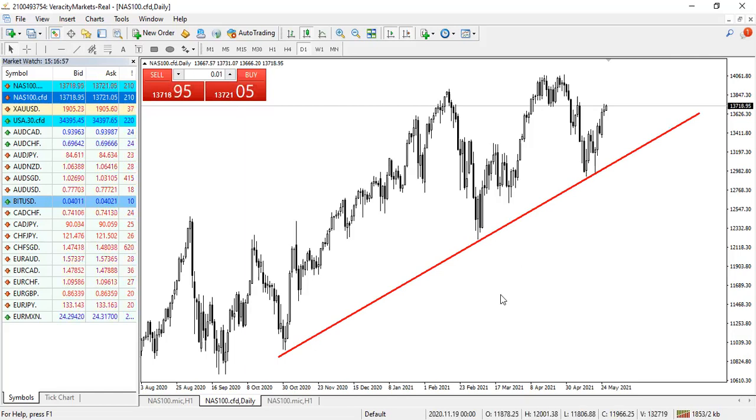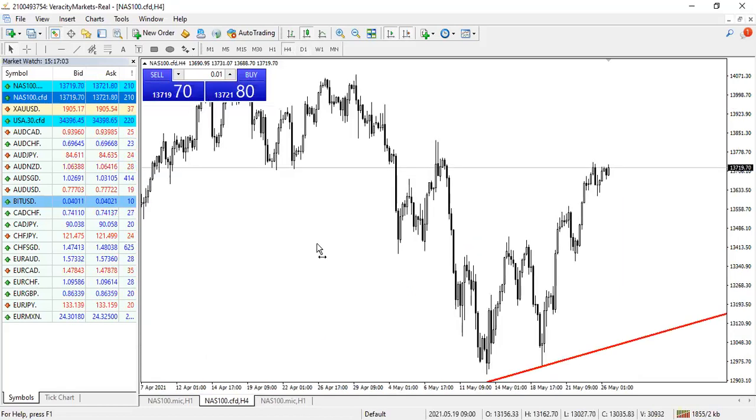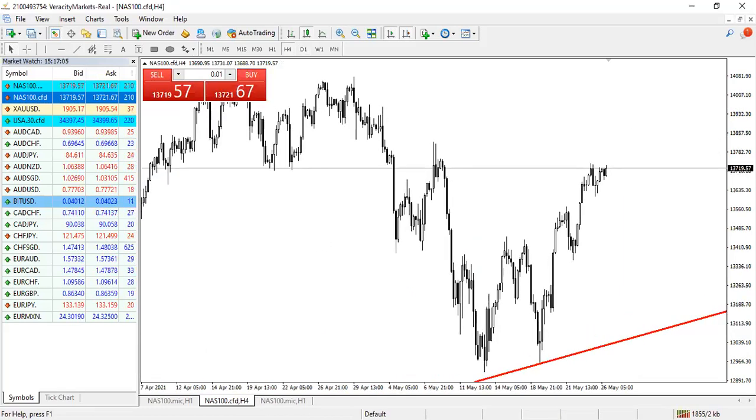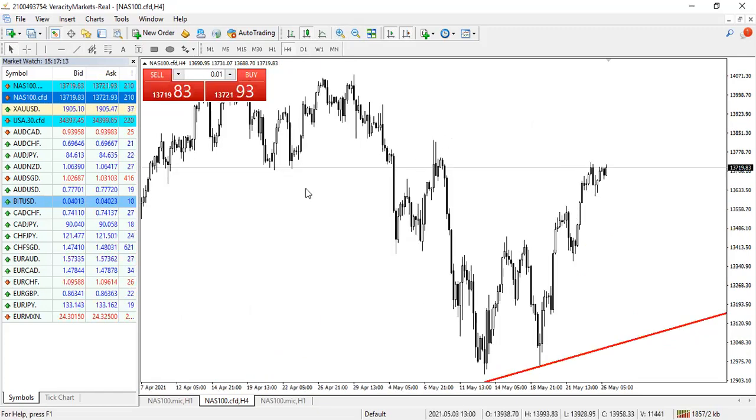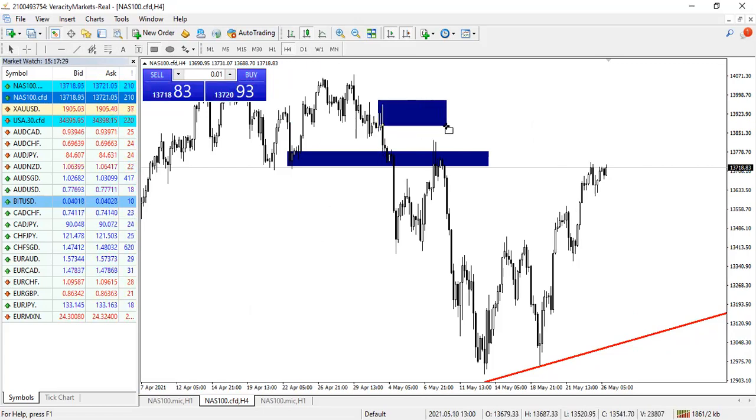So the moment we have seen that the bigger picture is an uptrend, we check our current market. So I see what here? A low which has been violated here. Then I'm seeing a big candle and a base.